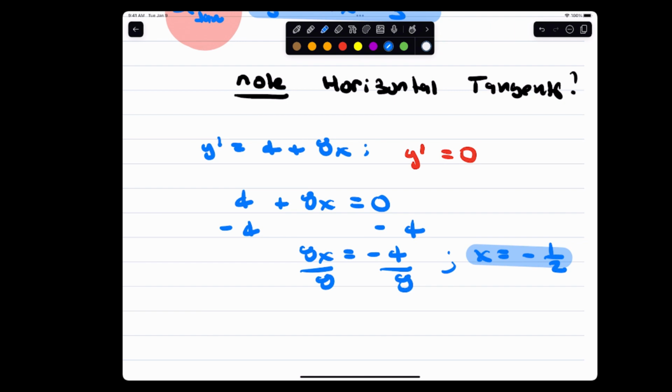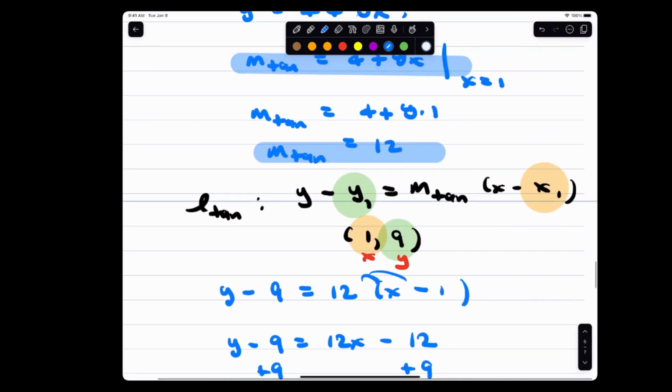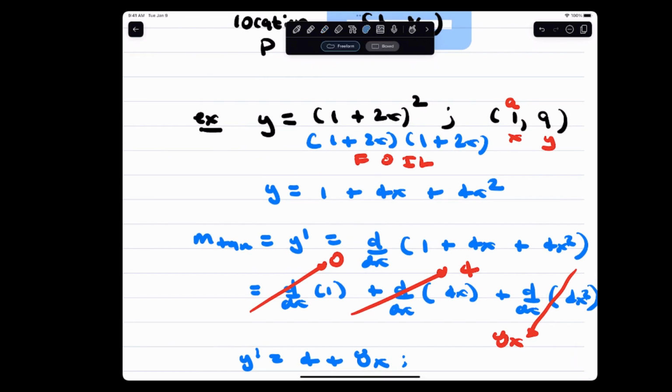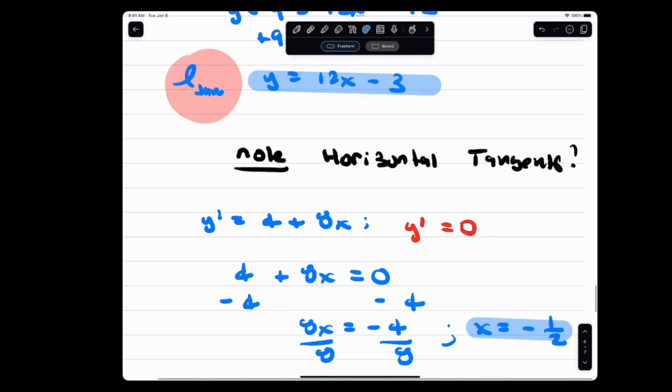Okay, now remember, this is only what? The x coordinate. How do you get the y coordinate? You got to go back here, plugging into the original, because it's an xy coordinate on the curve.